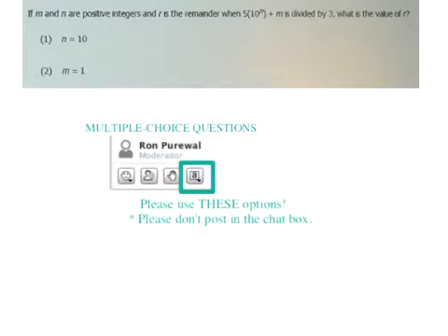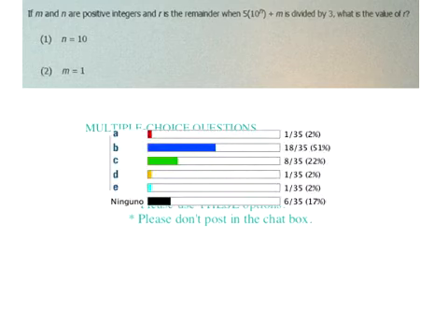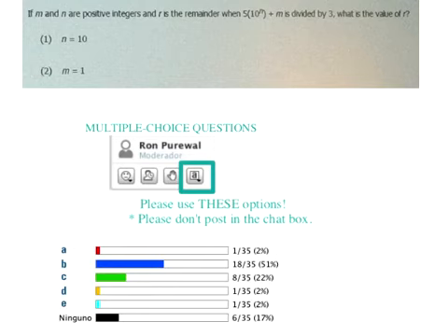Okay, let's talk about this one right here. So here's the problem, and here are your responses. Again, we had a lot of people picking C. The one thing you're going to notice in today's session is that the answers to today's problems, folks, are not going to be C. This will become manifestly clear to you as soon as you see what the theme of today's session is.